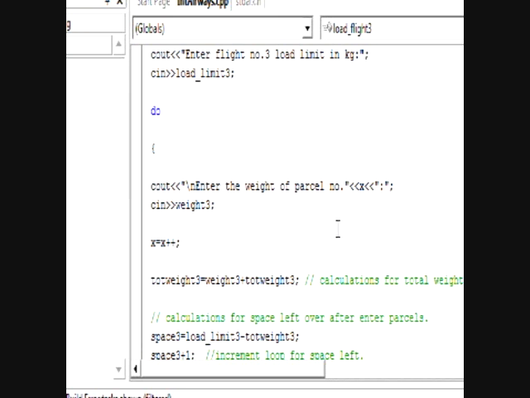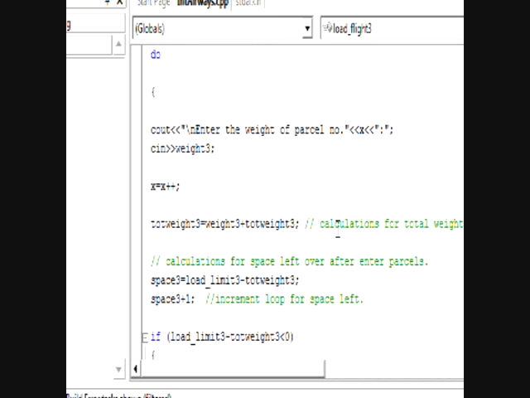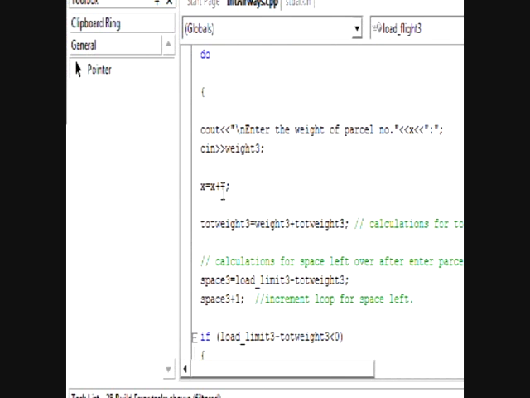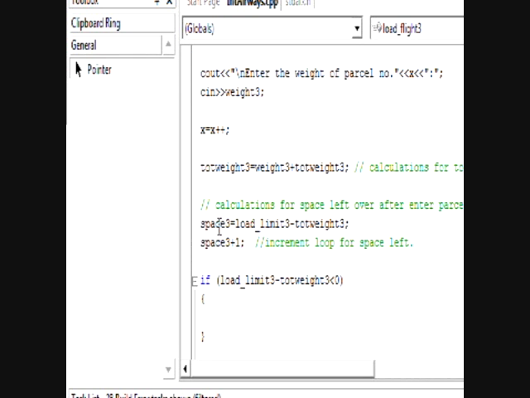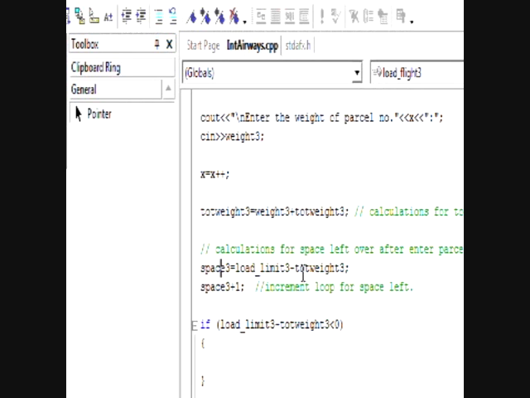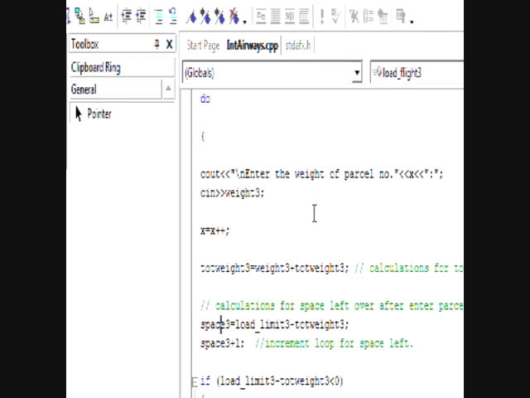This time we are using x to display the number of the parcel to the user, and then we increment it just like the first 2. If the load limit 3, that's the load limit of the flight, take away total weight, that's the total weight of all the parcels.